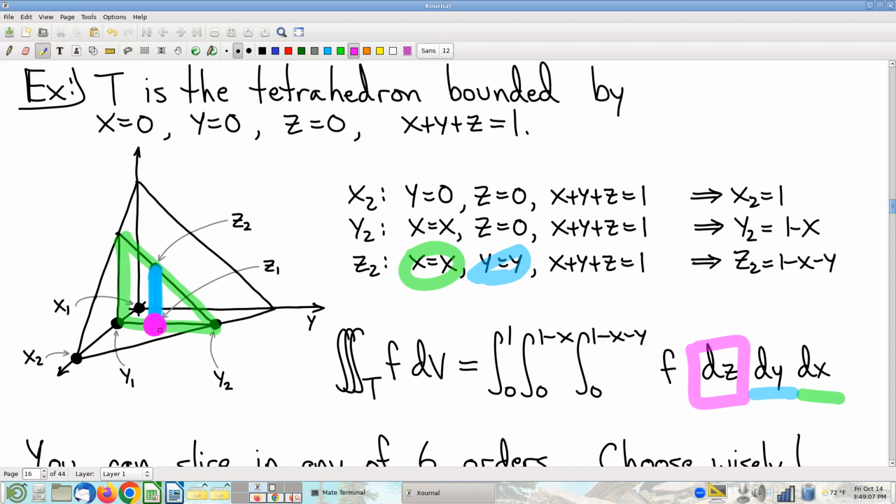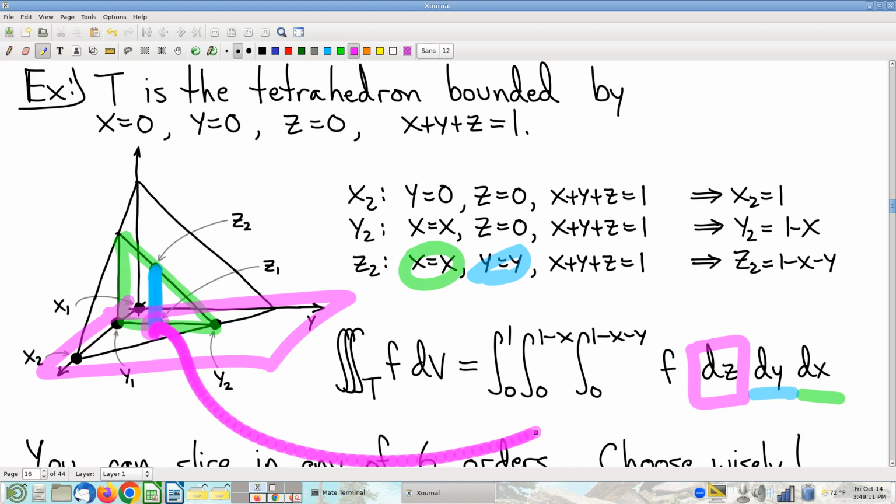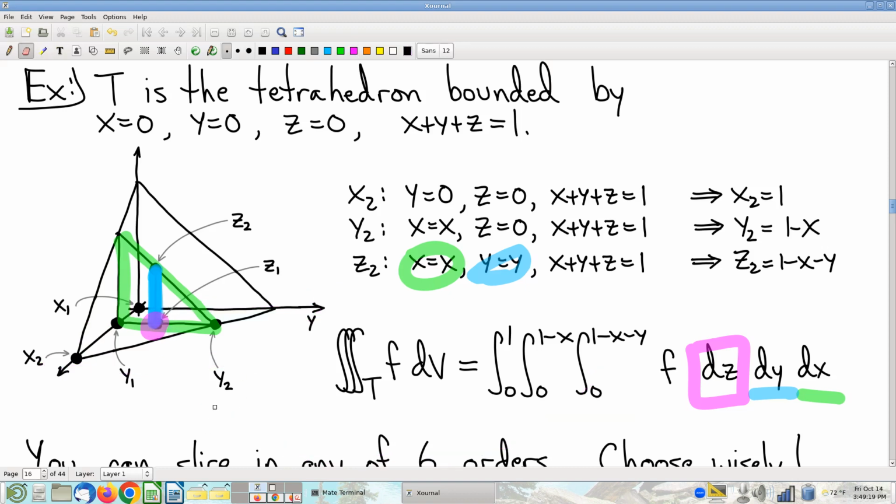Z starts there, which is clearly in the plane z equals 0, and so z starts at 0. Again, sometimes it's easy, sometimes it's just right there. Where does z end? Z ends at that point. And what do I know about that point? Well, again, I already know x, I already know y. Those are given.